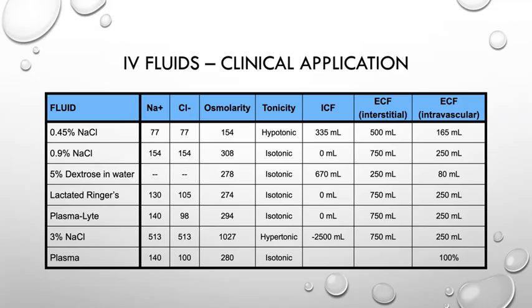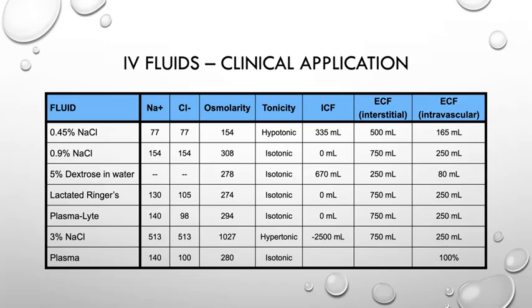The tonicity, or osmolality, of intravenous fluid determines the amount of fluid which distributes in the body water compartments. The first fluid in the table is hypotonic, meaning that the osmolality is much lower than the plasma osmolality. The product is half normal saline, or 0.45% saline.